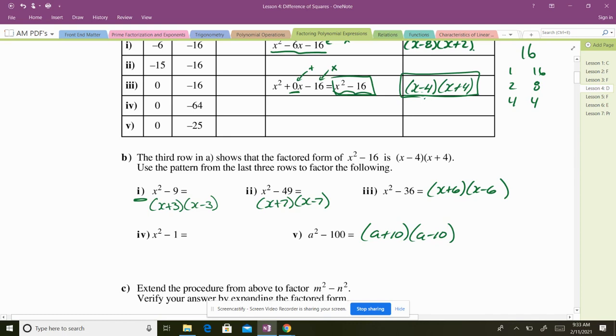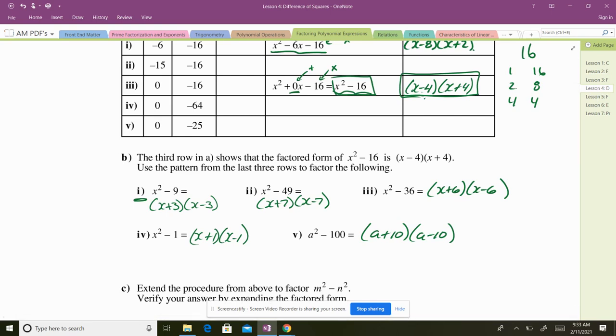What about x squared minus 1? 1 and -1, right? It doesn't matter if the negative comes first in the bracket or the other way around. The positive one is first.